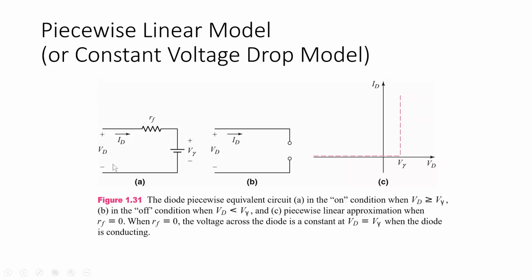Okay, now Neamen says that in the piecewise linear model, which another textbook will call the constant voltage drop model, when it turns on, the forward voltage is represented by this value. If it is reverse biased, it is replaced by an open circuit. But if it is forward biased, then you replace it with this resistor.